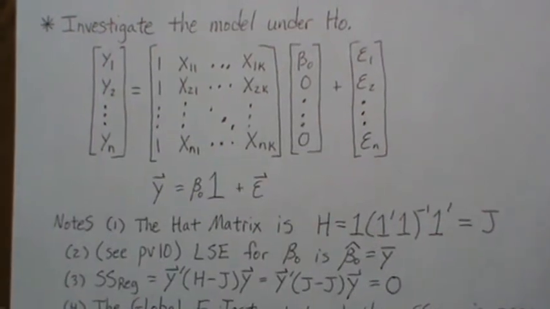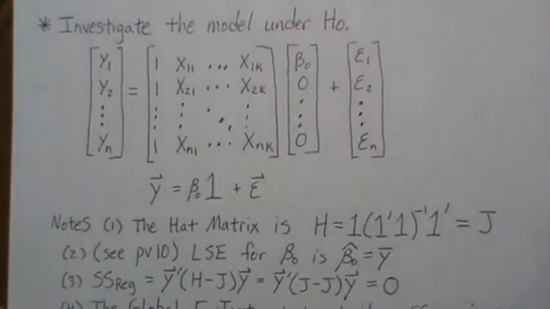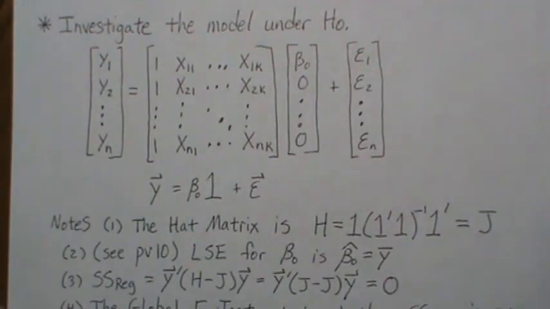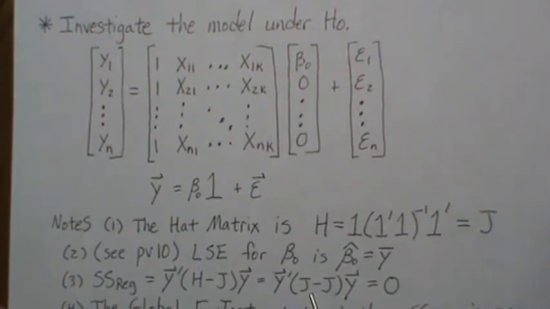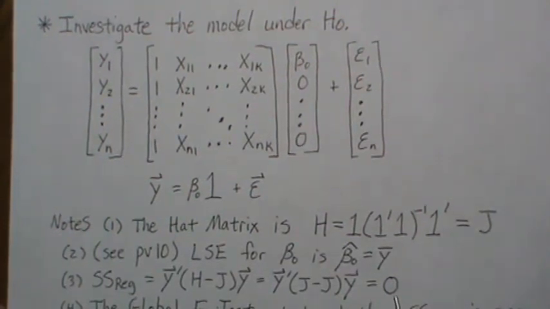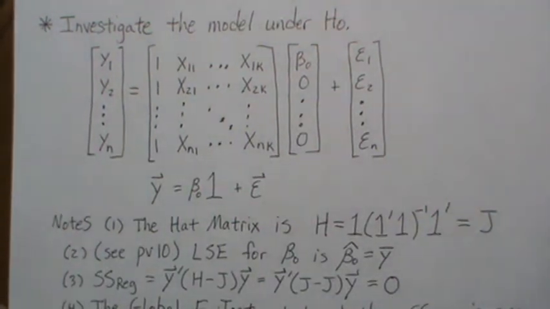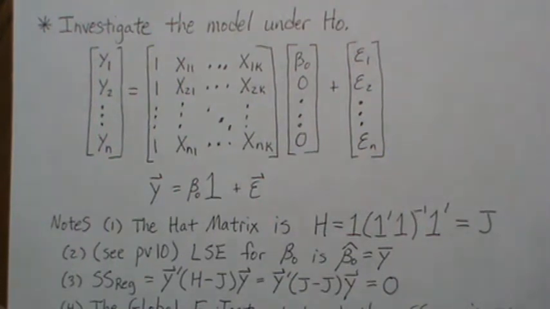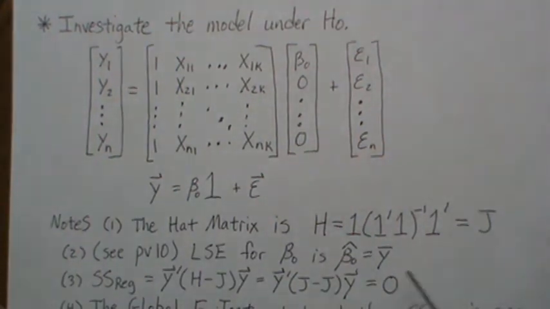Now the sum of squares regression is y'(H minus J)y. But under the null hypothesis, H is J, so this is 0. And in PV28, we were looking at the type 1 sum of squares, and we noted that the sum of squares with only beta 0 in the model is 0, and this is another justification of why it's 0.